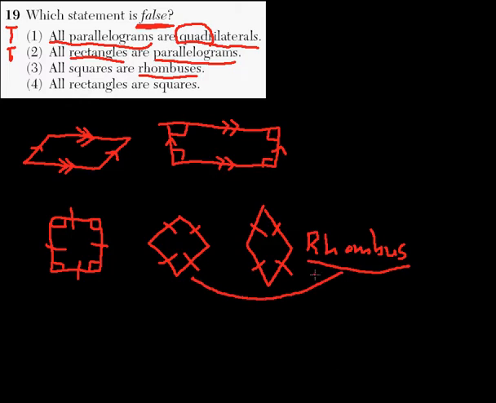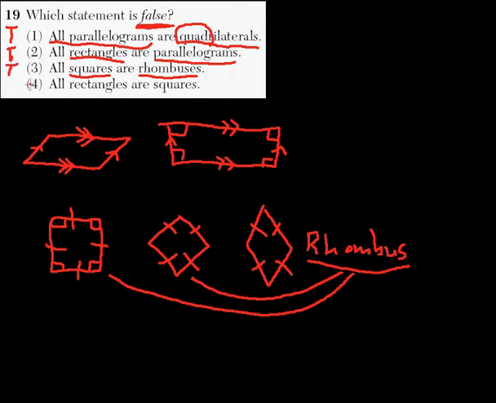So you can take a square and squish it like this, kind of like a diamond, and so long as these sides are all equal, everything I'm drawing here is a rhombus. R-H-O-M-B-U-S, rhombus. So that's a rhombus, and that's a rhombus, and that's also a square. So yes, every single square, because squares have 4 sides that are the same, is also a rhombus, because all you need to be a rhombus is to have 4 sides the same.